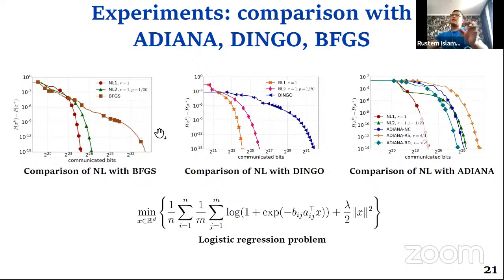Yeah, of course, if we look at the accuracy of this logistic regression problem, maybe at the beginning these methods, Adiana and BFGS, can compete with ours, but our approach is to find the exact solution. Of course, if we want just some good approximation of the solution, then first order methods, for example, will be better.